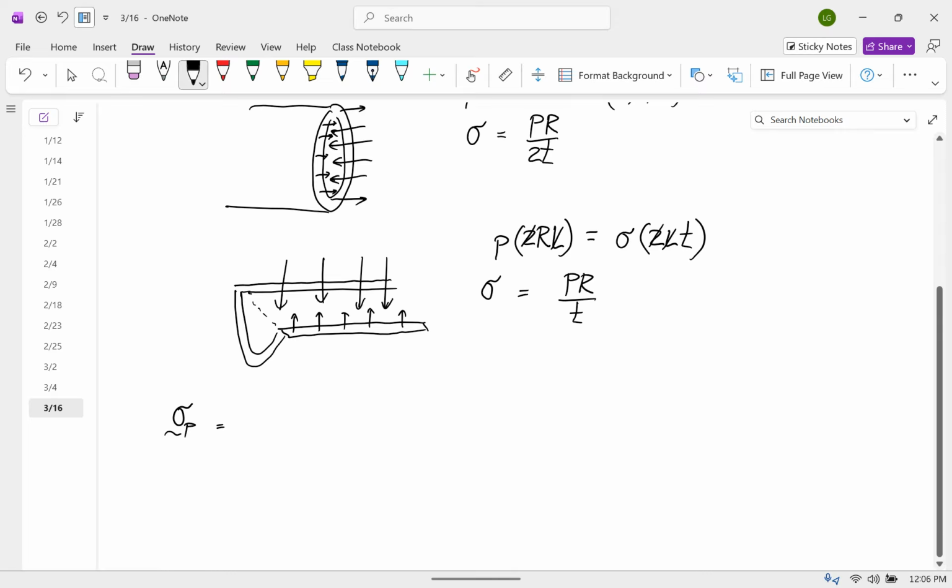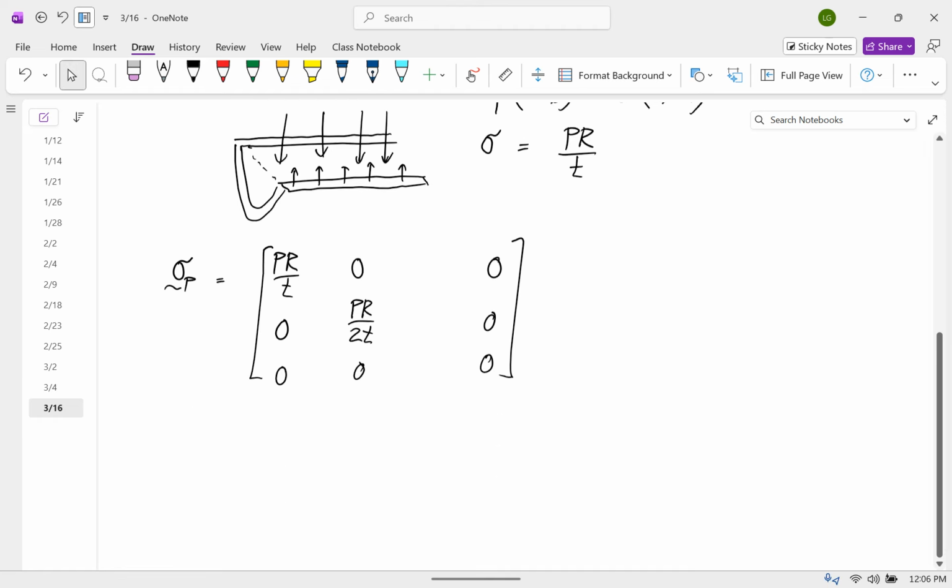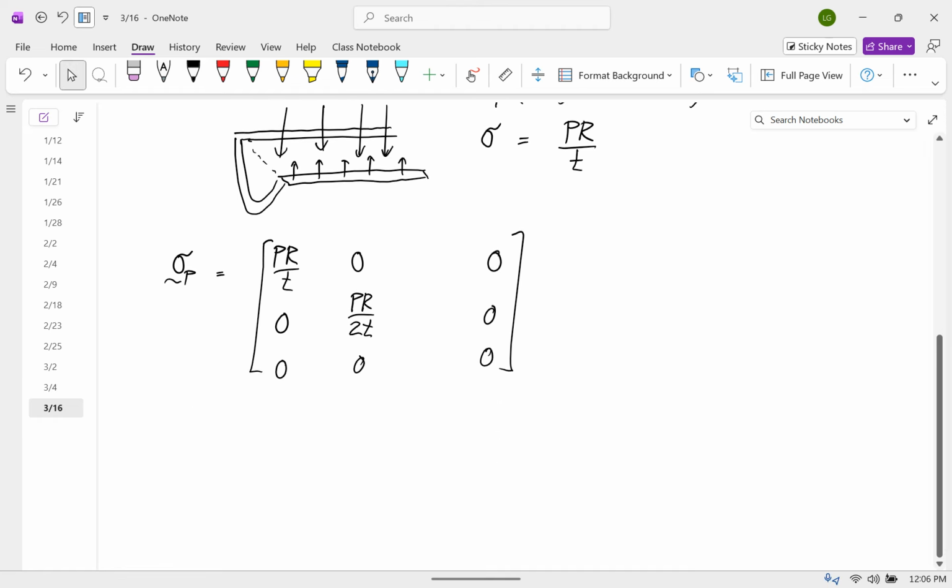Okay, so our principal stress tensor is, we can do this in either order, PR over T, 0, 0, 0, PR over 2T. We also have it the other way around too.